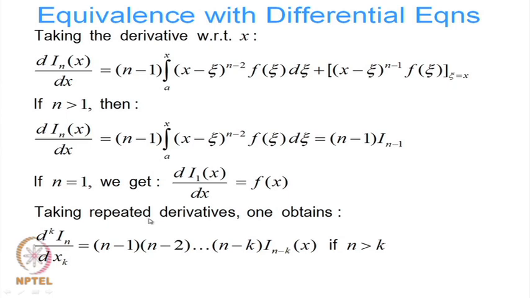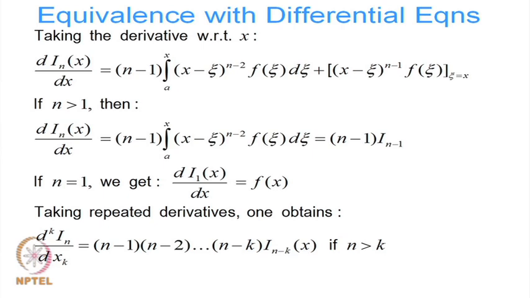And taking repeated derivatives in this manner, you can look at this. If I take repeated derivatives of I_n(x), what am I going to do? If I took the first derivative, I had n-1. If I take repeated derivatives like that, k derivatives in fact here I have shown, then I get (n-1)(n-2) through (n-k) I_(n-k)(x), if n is greater than k.